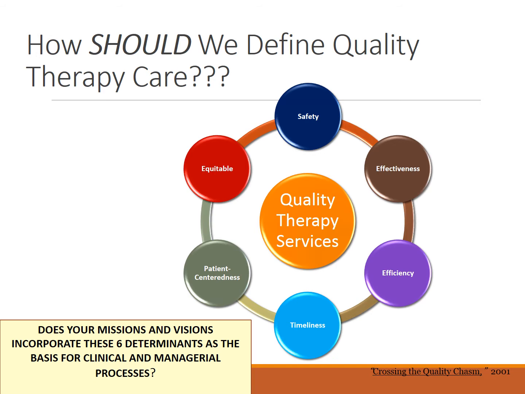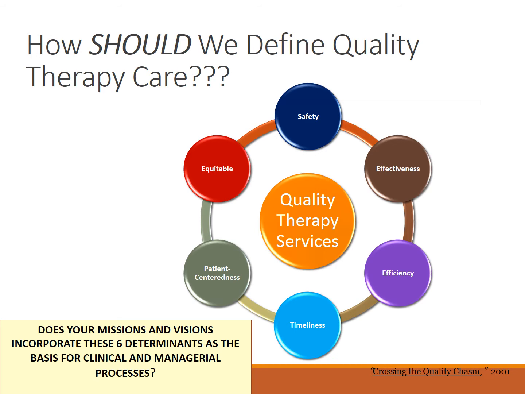These are the 6 components that Crossing the Quality Chasm highlighted as currently being deficient in our healthcare system, and urged all parties to commit to a national statement of improving these 6 dimensions of quality care.